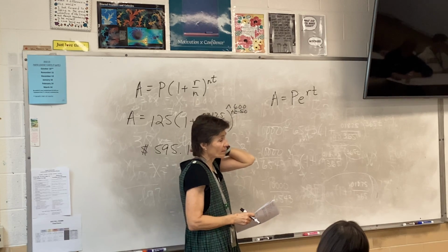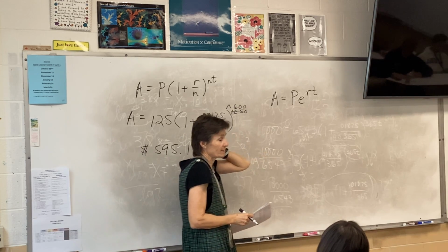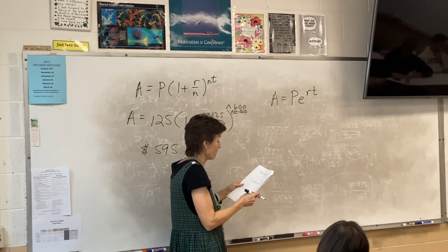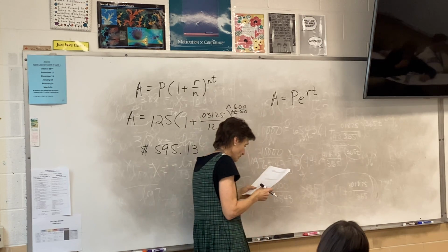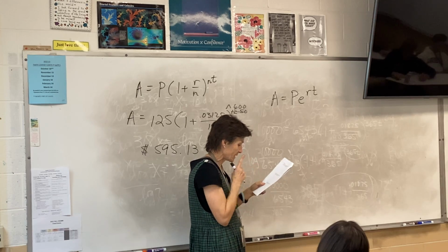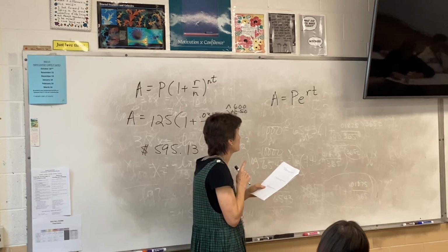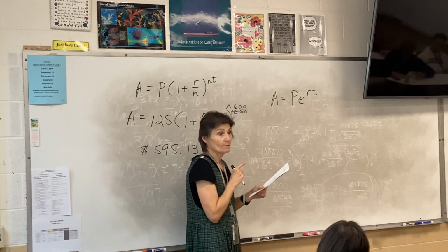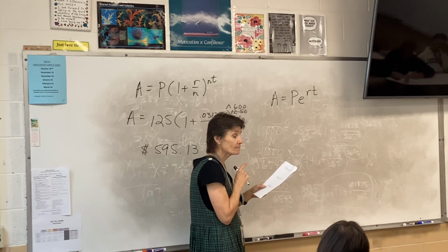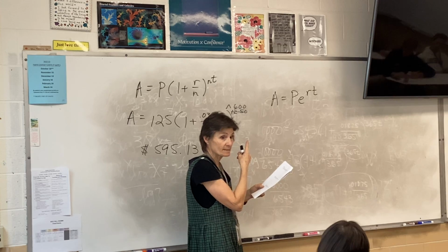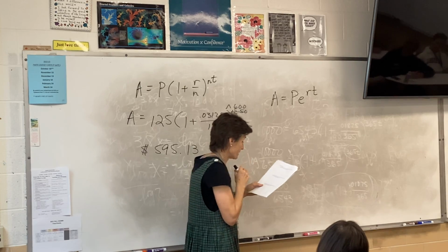Okay, so don't think that PERT can't be used for money. It can, but only if it says compounding continuously. All right, so what do I know here? Everything except what? There's always one thing I don't know. T. I don't know T. Oh boy. That means I'm going to eventually need logarithms, right? Because look where T is. T is an exponent.